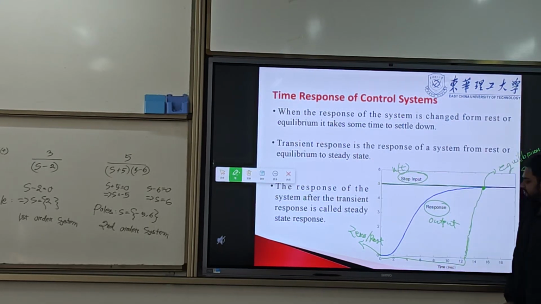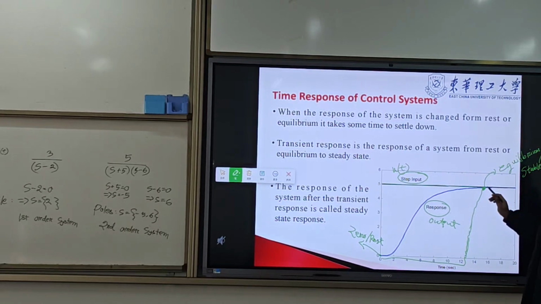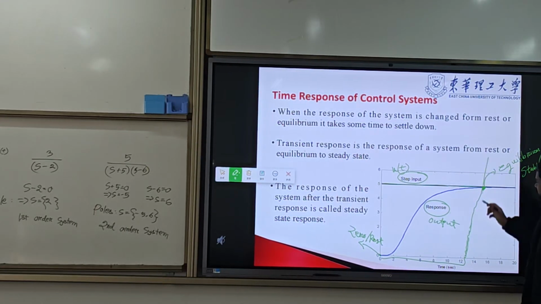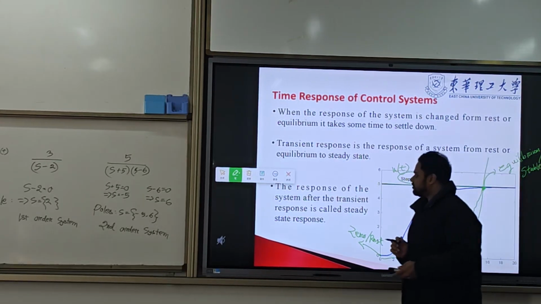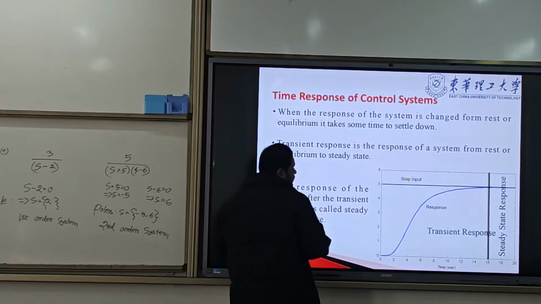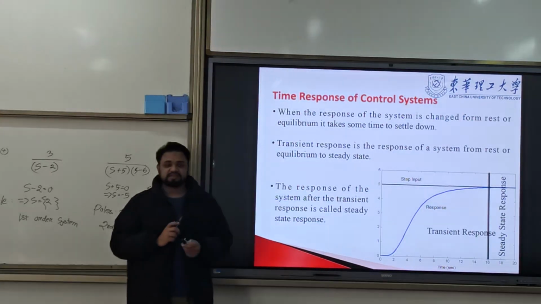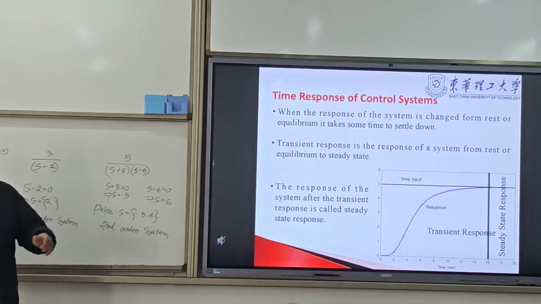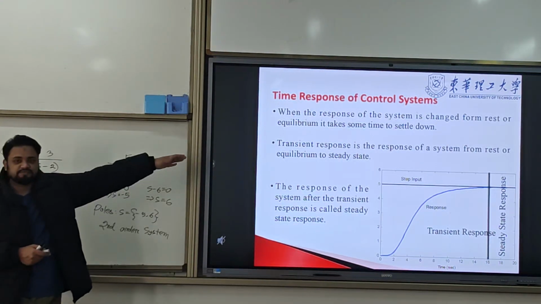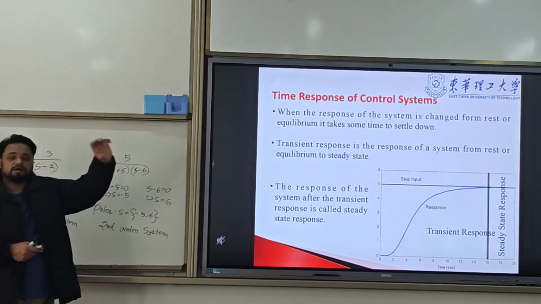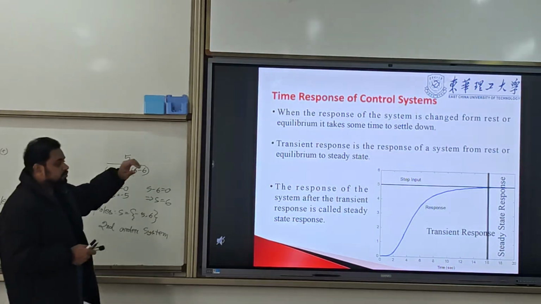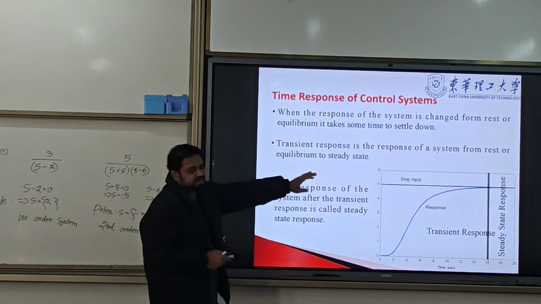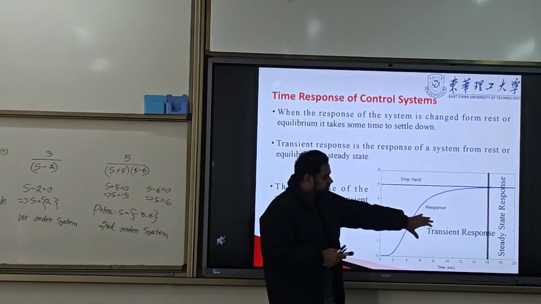This is the time. It will not go directly. So you see, here we have two responses, which we call transient response and steady state response. The transient response starts from zero, and the time required for our output to reach the equilibrium point is called the transient response.